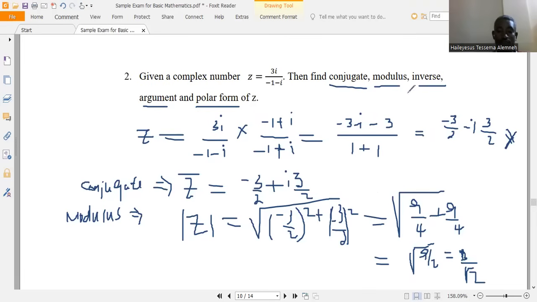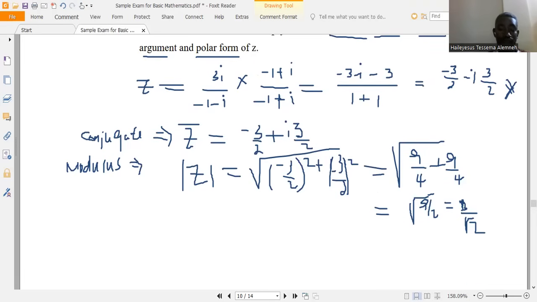So the inverse of z: if z is a given complex number, then z inverse is 1 over z. Here z is minus 3 over 2 minus 3i over 2.